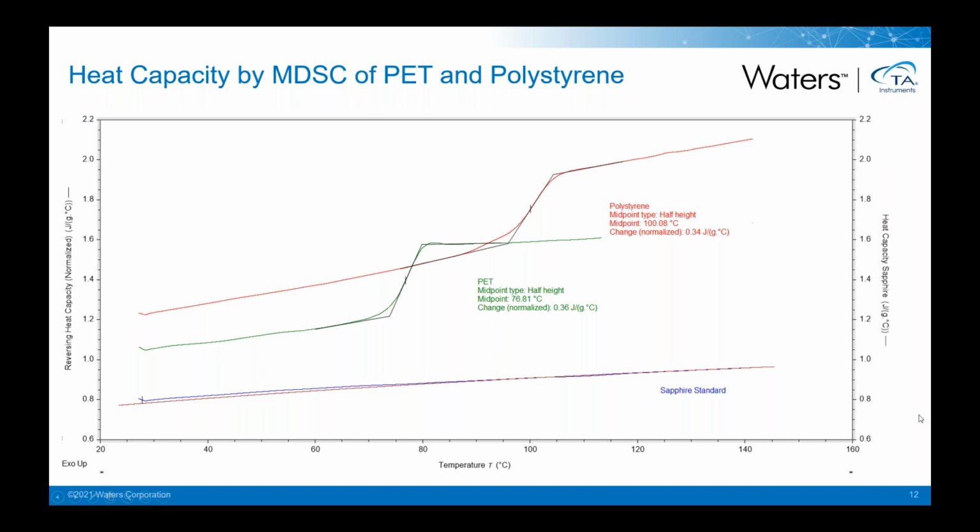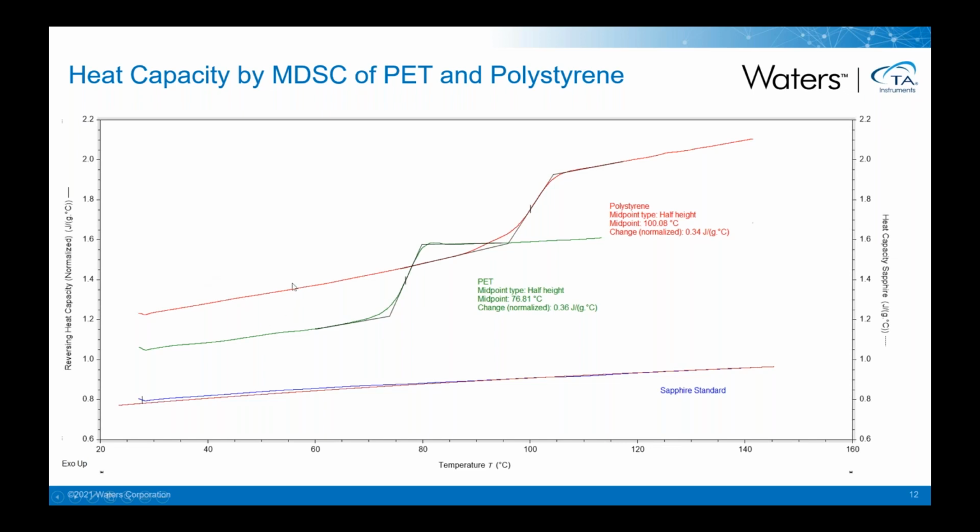But in this particular case, you can now make 3 measurements at once. And so these materials have similar temperature ranges for the experiment. We can throw a sapphire standard into one of our 3 positions to verify that the heat capacity that we generate is indeed accurate. But you can see very clear glass transitions for PET, clear glass transition temperature for polystyrene.